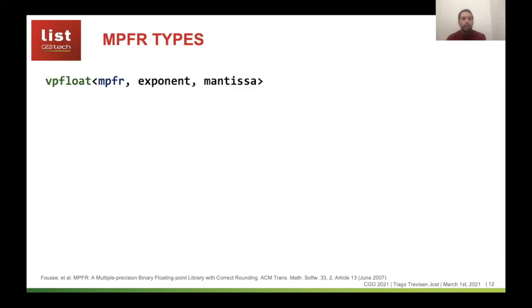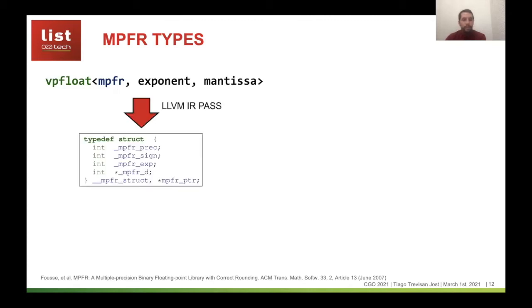So two of the formats that we have are MPFR types and the UNUM types. For the MPFR type, what we do is we have an LLVM transformation in the middle end that's going to change all the references from vpfloat MPFR to MPFR. And there's no limitation to the value of the mantissa that we use.